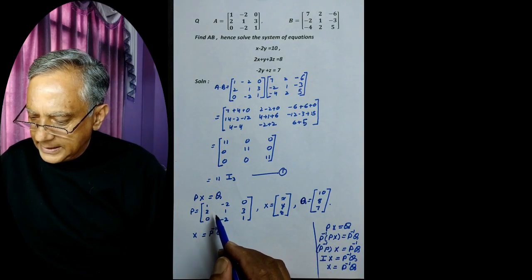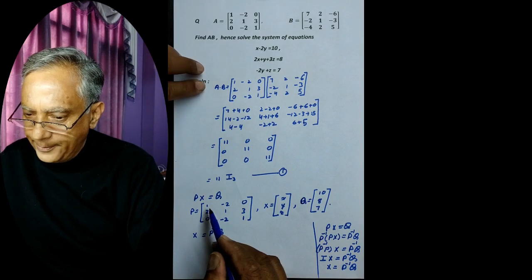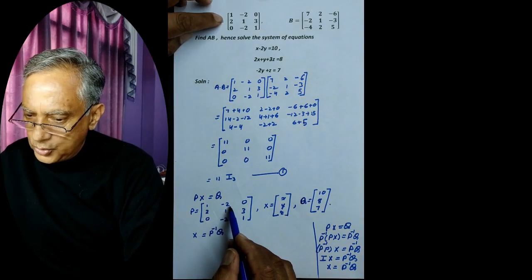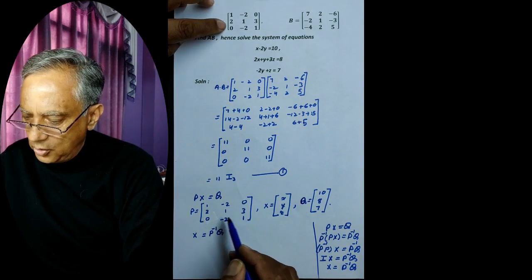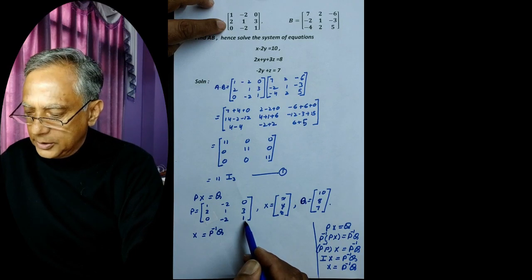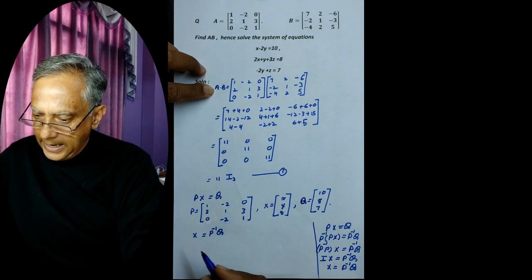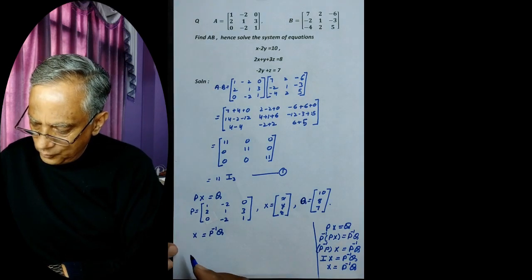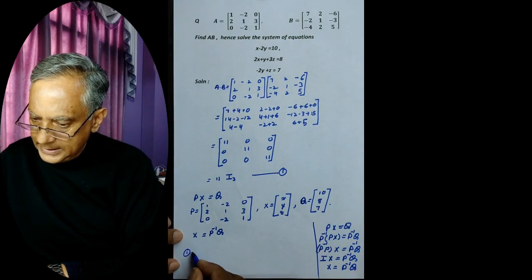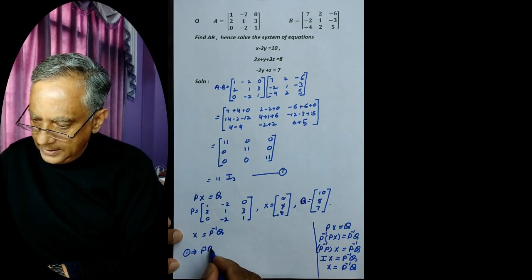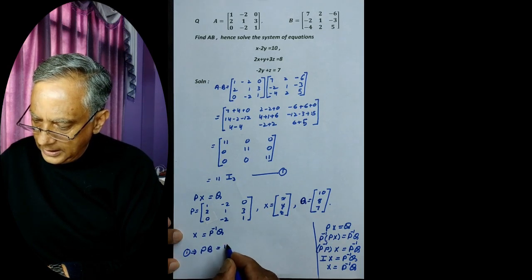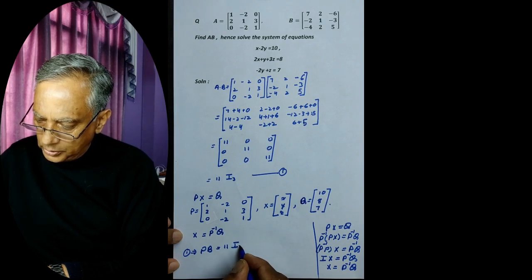Now this matrix is same as A. A is 1, minus 2, 0; 2, 1, 3; 0, minus 2, 1. So this is same as A. And 1 implies P into B is equal to 11 I3.